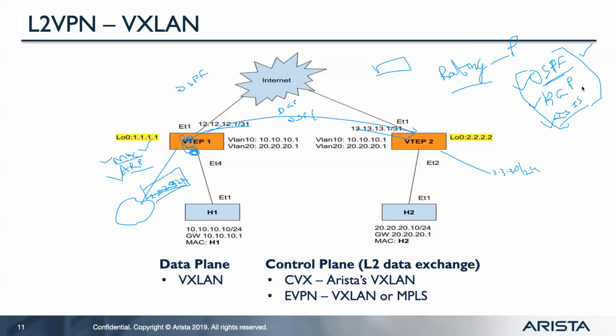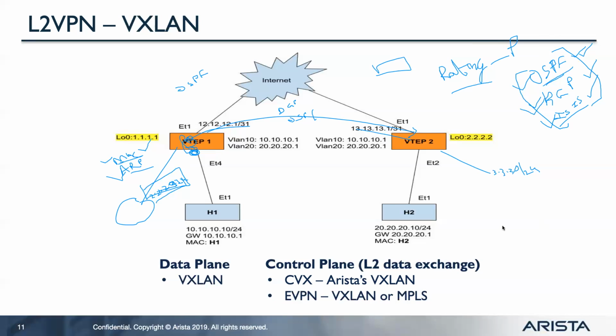So if we have that possibility, then we can use any of these. Now it comes to the choice. Let's say everyone supports advertising MAC and ARP, other than IP prefixes. Then which one should we use or choose?